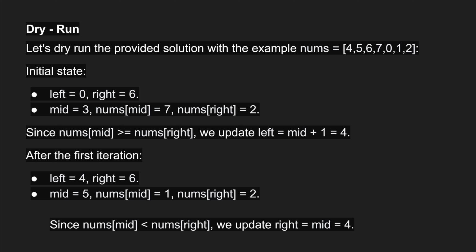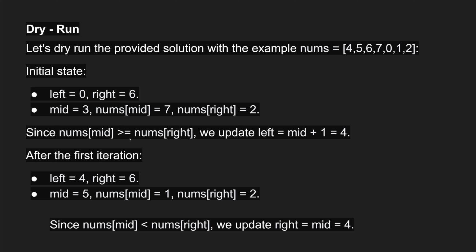The mid value would be index 3, and the number at mid is 7, and the number at index 6 is 2. Now if we compare nums of mid and nums of right, is it less than or greater than? It is definitely greater than.